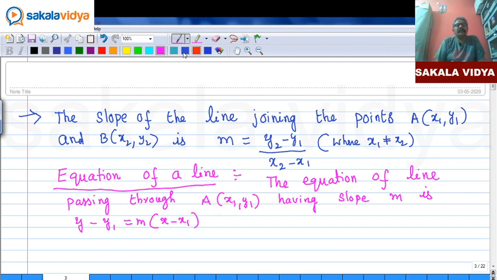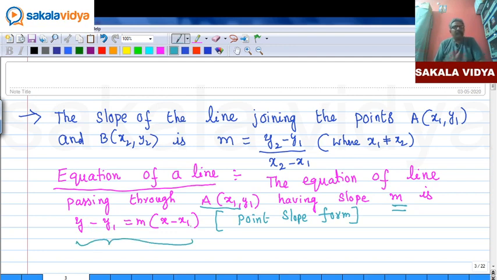This is called point slope form. That means, if a point on the line is given and its slope is given, then we can find out the equation of the line with the help of this formula, y minus y1 is equal to m into (x minus x1).